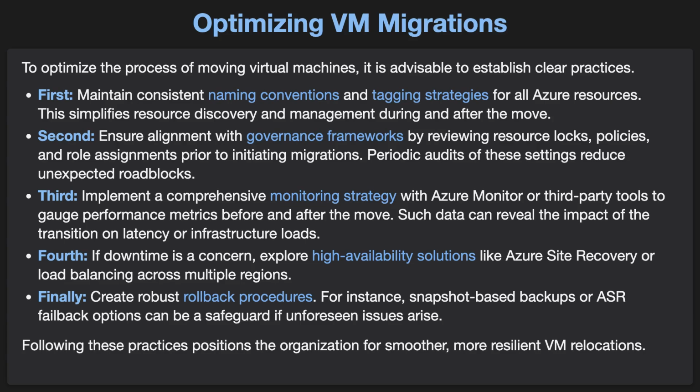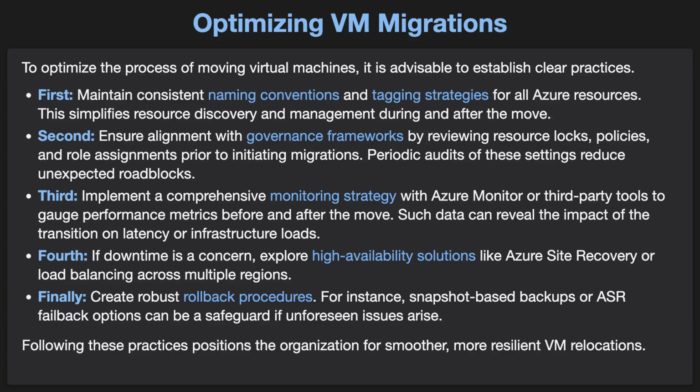Second, ensure alignment with governance frameworks by reviewing resource locks, policies, and role assignments prior to initiating migrations. Periodic audits of these settings reduce unexpected roadblocks. Third, implement a comprehensive monitoring strategy with Azure Monitor or third-party tools to gauge performance metrics before and after the move. Such data can reveal the impact of the transition on latency or infrastructure loads.